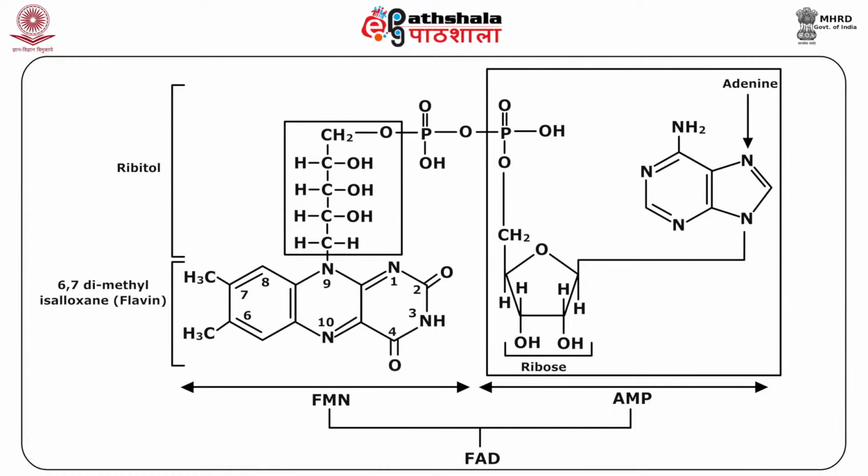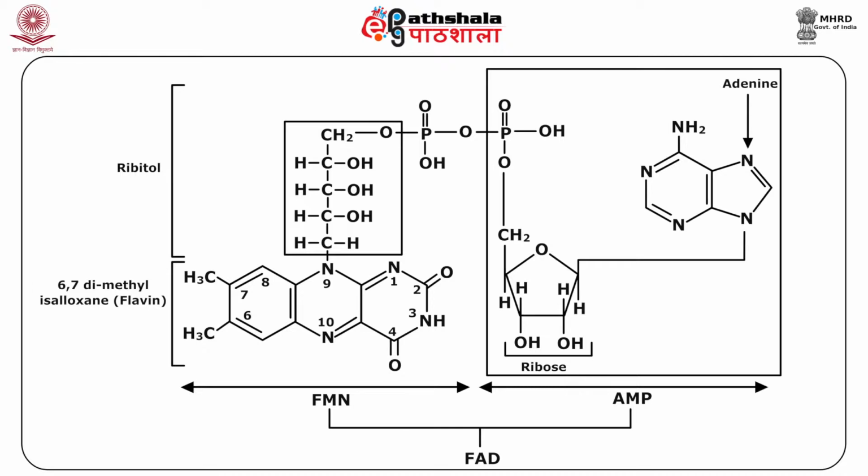The intense yellow color is due to the isoalloxazine ring. Active coenzyme forms are FMN, which is flavin mononucleotide, and FAD, which is flavin adenine dinucleotide.